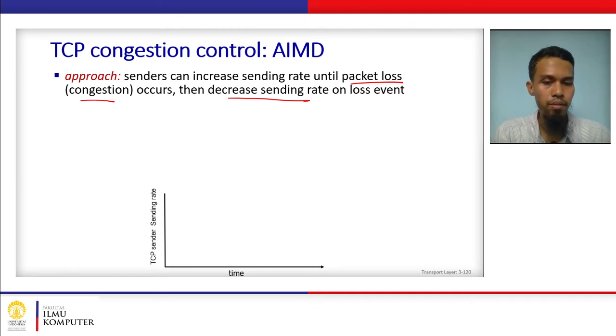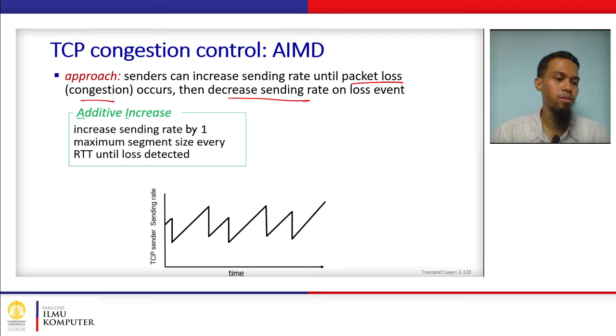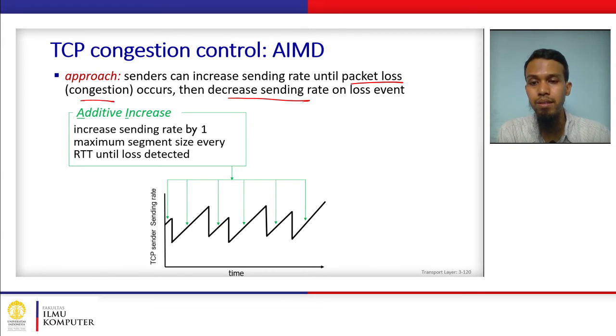Let's say we have a time axis, and this is the TCP sending rate of the sender. As we have said before, the sender sends the segments incrementally, one by one, over time. Let's say at the first time it sends, I don't know, 5 or 10.